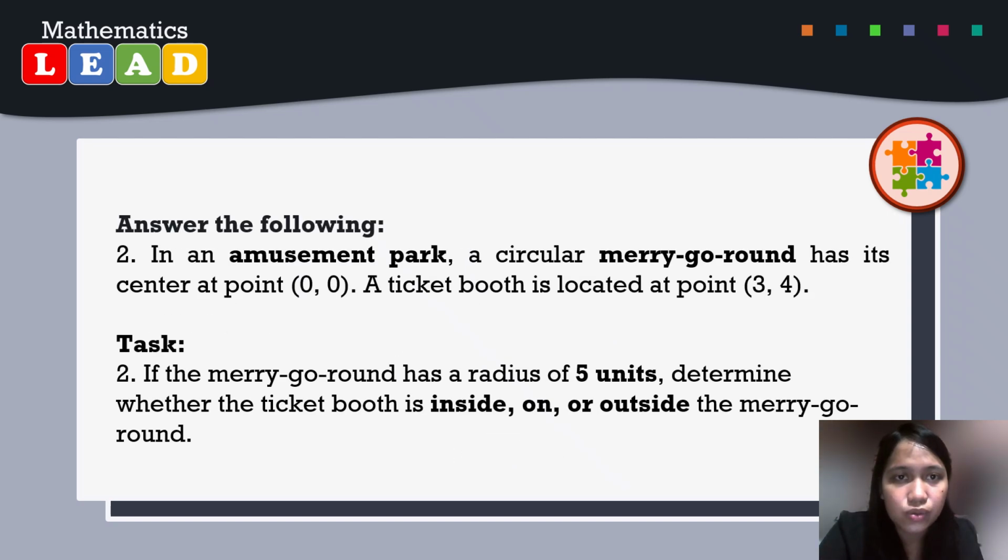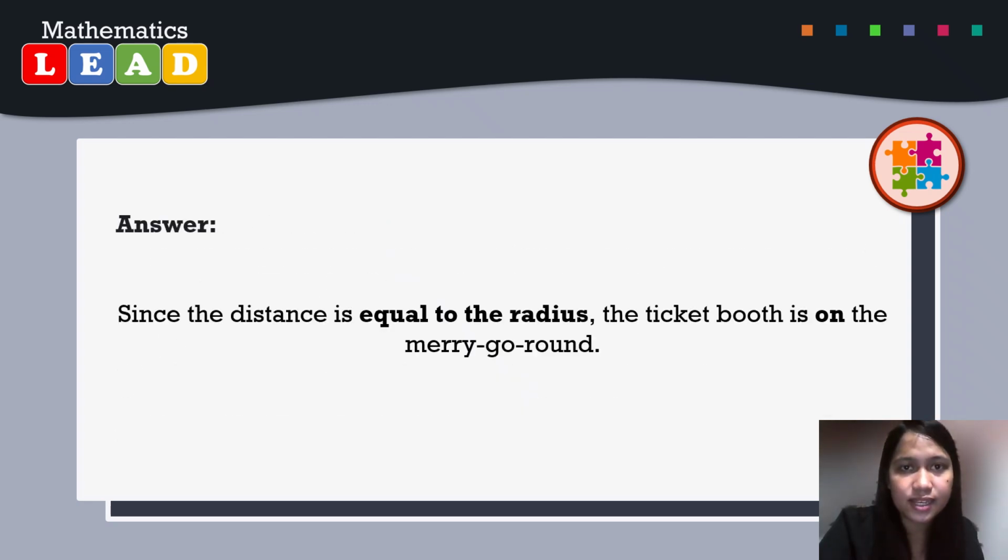For task 2, if the merry-go-round has a radius of 5 units, determine whether the ticket booth is inside, on, or outside the merry-go-round. The duration is complete. The answer is: since the distance is equal to the radius, the ticket booth is on the merry-go-round. So, excellent answer.